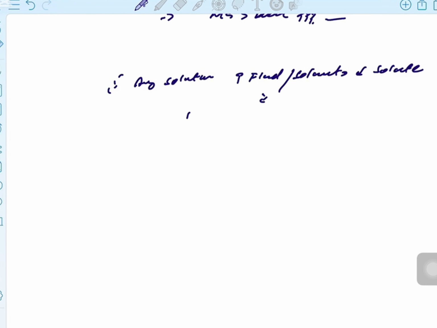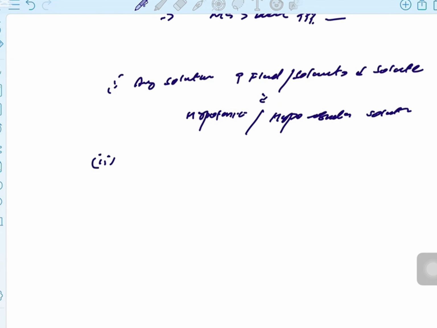First of all, number 1, if any solution has a high amount of fluid or solvent and a low amount of solute, this type of solution is known as a hypotonic solution, or hypoosmolar solution. It means the solution has low solute and high solvent.